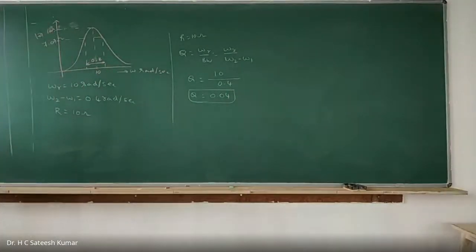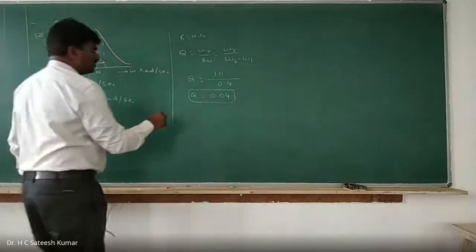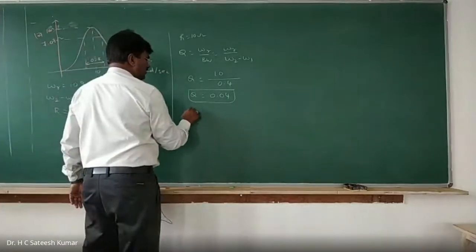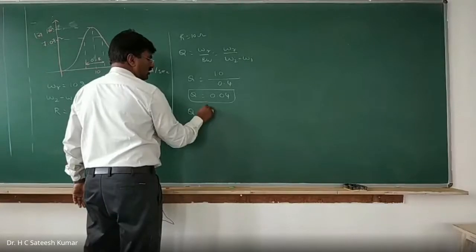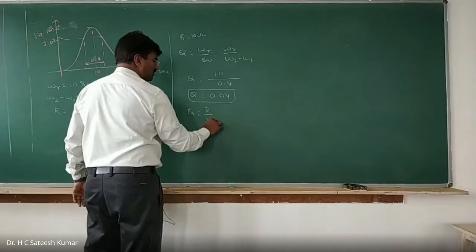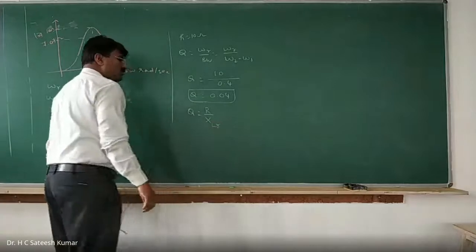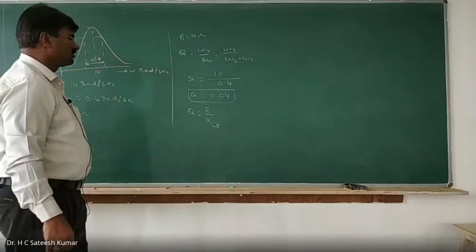Now, what is XL? Q is equal to R by XL for a parallel resonant circuit; for a series resonant circuit, it is XL by R. Okay, right?